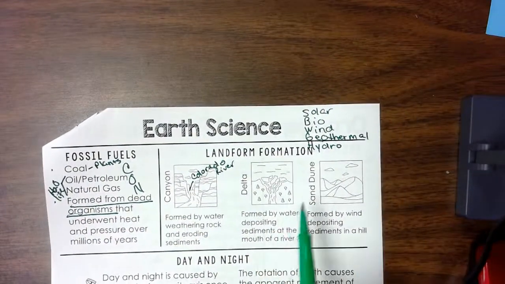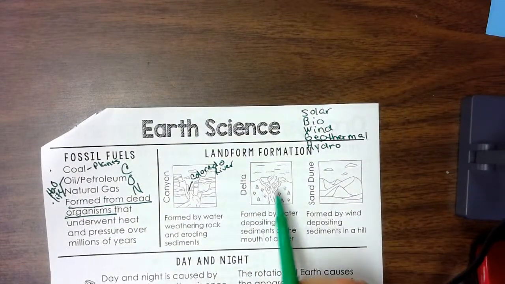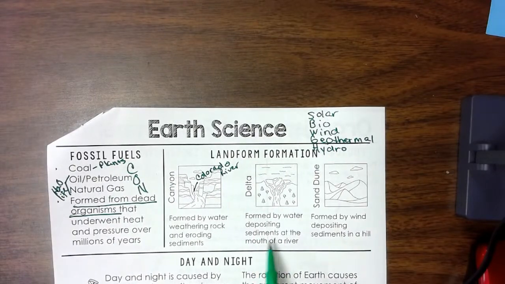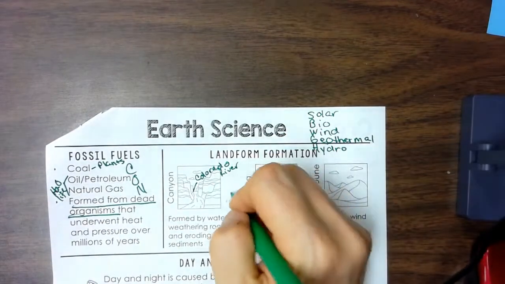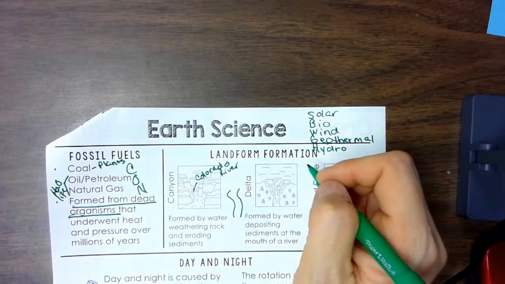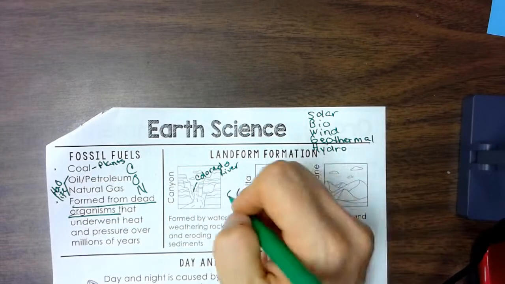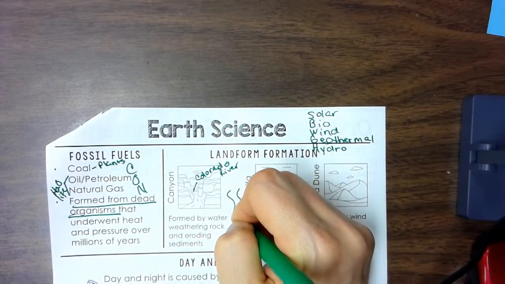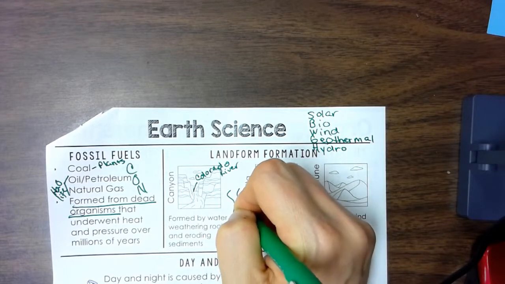All right, deltas. Deltas are fun, right? They look like little veins. That's formed when water deposits sediments at the mouth of a river. So remember we got the flowing river? We talked about this on our question warm-up the other day. And we got a little fish. Let's just talk about this. Little fish, right?